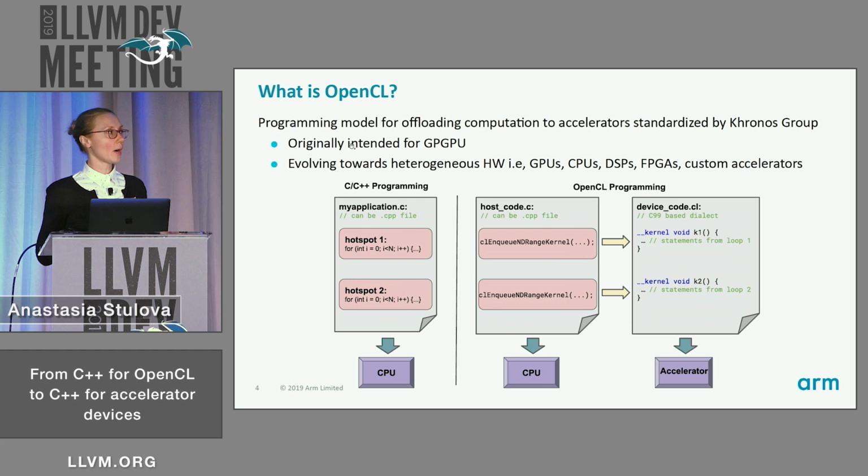It will be compiled with a separate compiler and run on the accelerator. Now, this device side is programmed using a C99-based dialect, and it actually adds very few extra constructs to C99 so that the behavior to run on accelerators can be described.